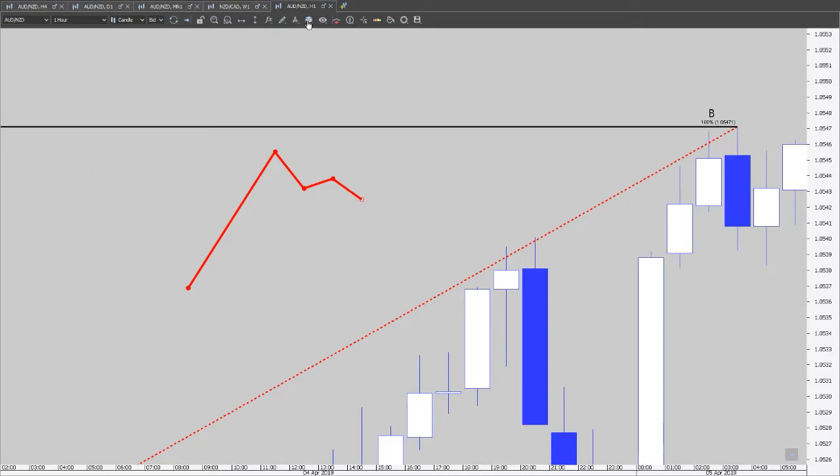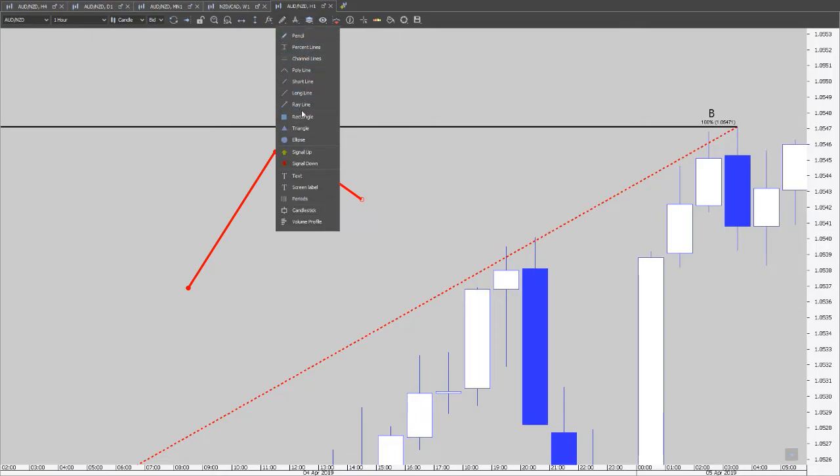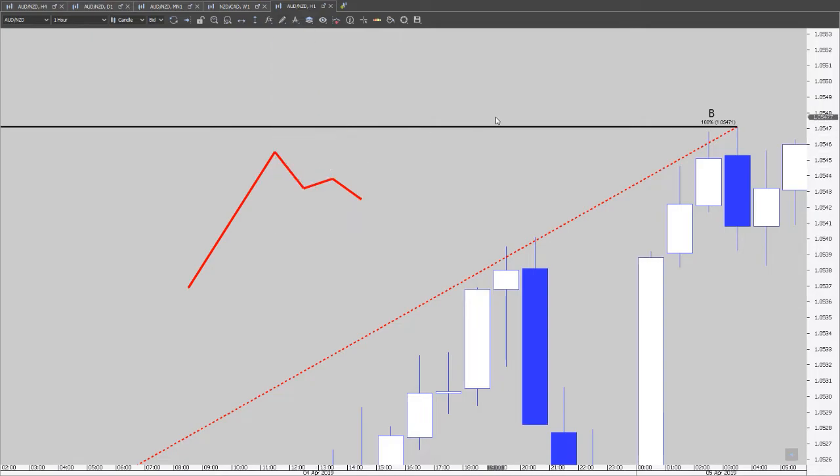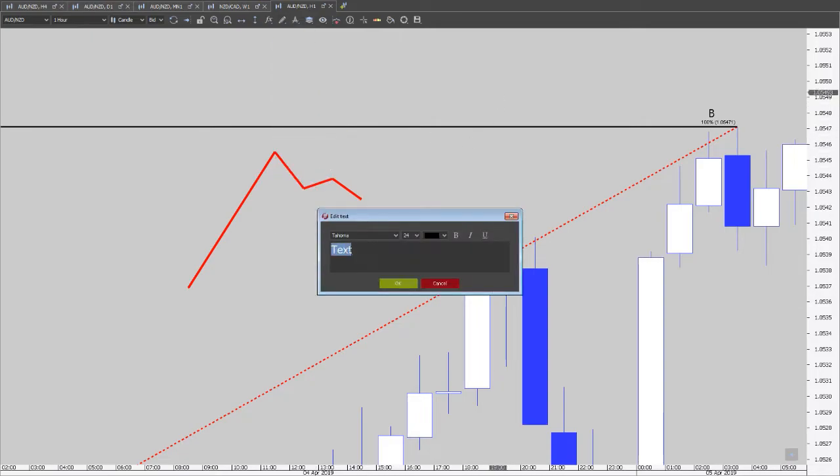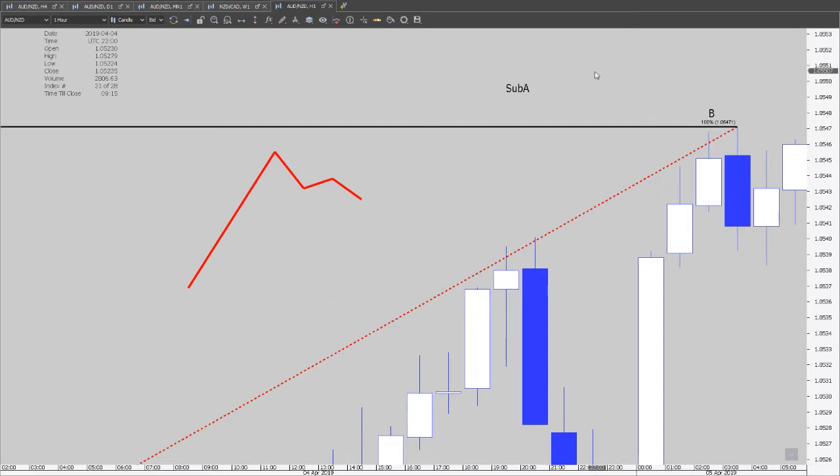Well, this is the B high. Right now the B high equals the sub A, right? Because we know that the market must retrace sub A. We know that the market must retrace in order to wave. So this is our sub A.